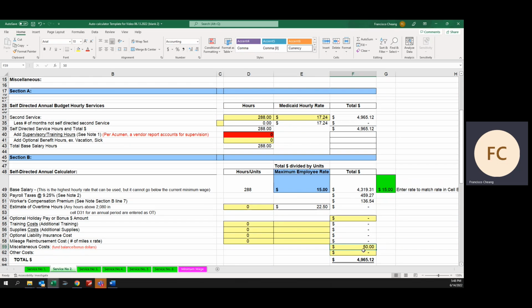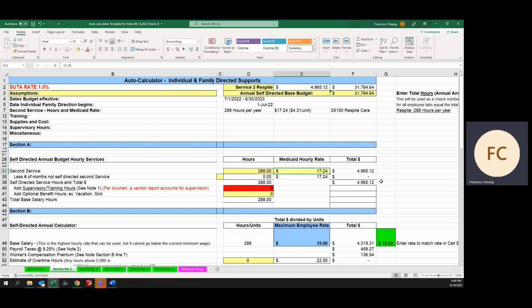We've accrued a fund balance of $50 for this particular service, service 2, page 2, paying at $15 per hour, billing Medicaid 288 hours at $17.24. So we can also see that for this entire service page, we're going to be billing Medicaid $4,965.12, which brings us back to the beginning.